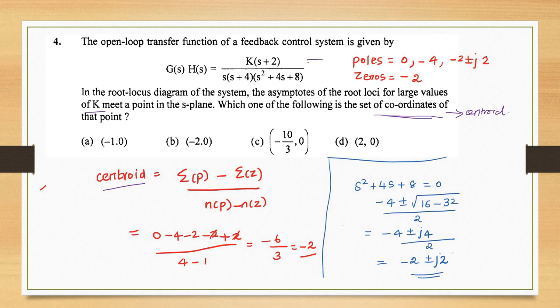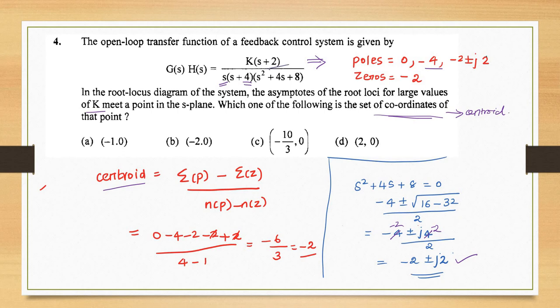First I find the poles: s = 0, s + 4 = 0 that is minus 4, then s² + 4s + 8 = 0. Applying the formula (−b ± √(b² − 4ac)) / 2a: (−4 ± √(16 − 32)) / 2 = (−4 ± j4) / 2, which equals −2 ± j2. These are the third and fourth poles.